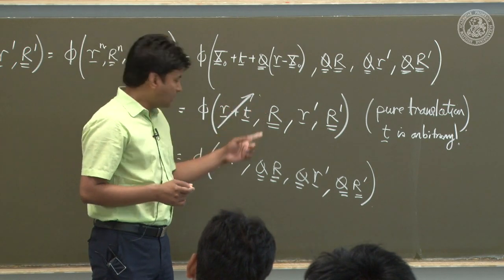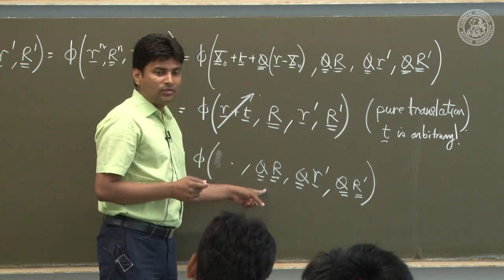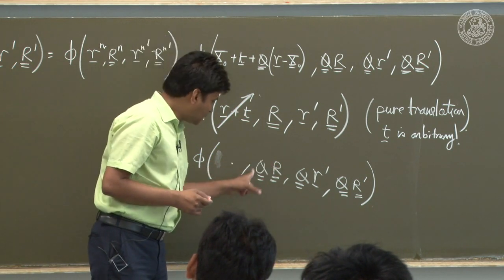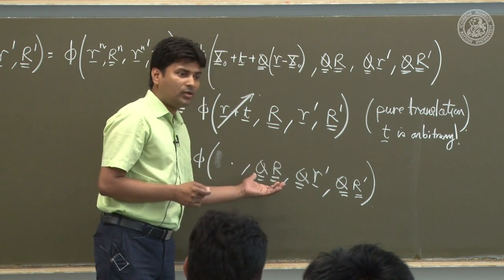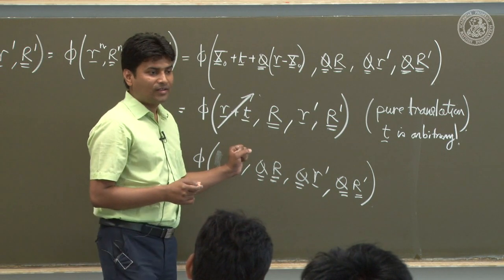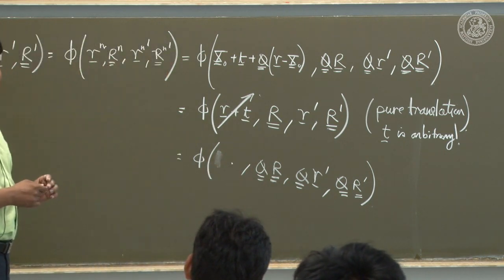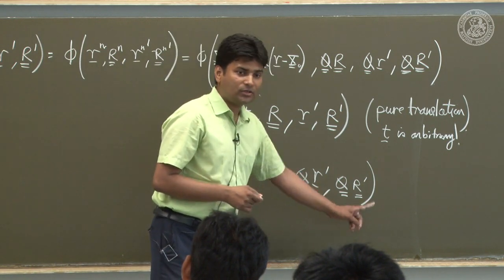So, again it is independent of this variable here. You take anything here, it finally only depends on identity. But these ones, you can't get rid of these ones.